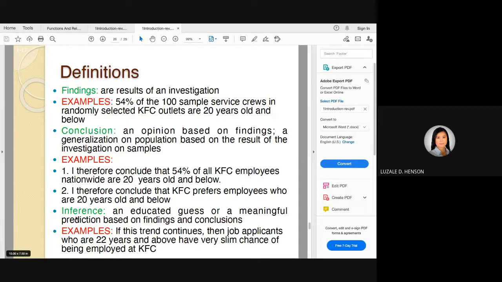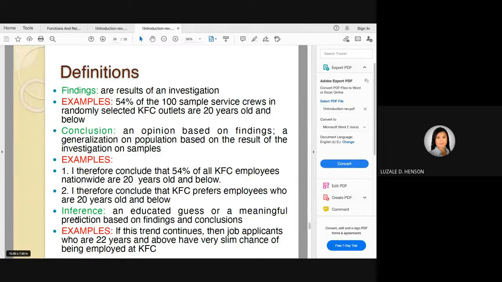So you see the difference between conclusion and findings. Or you could also state, I therefore conclude that KFC prefers employees who are 20 years old and below. So based on the findings, class, you make a conclusion. Based on sample, you make a conclusion. But this has to be tested before you conclude.